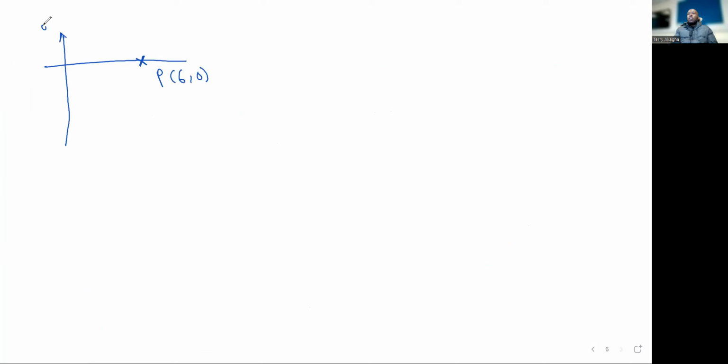This is the positive y, this is positive x, so this will be negative. Let's say this is minus 5. So that's point Q. Okay. So let's say these are the 2 points here. And this is the origin.